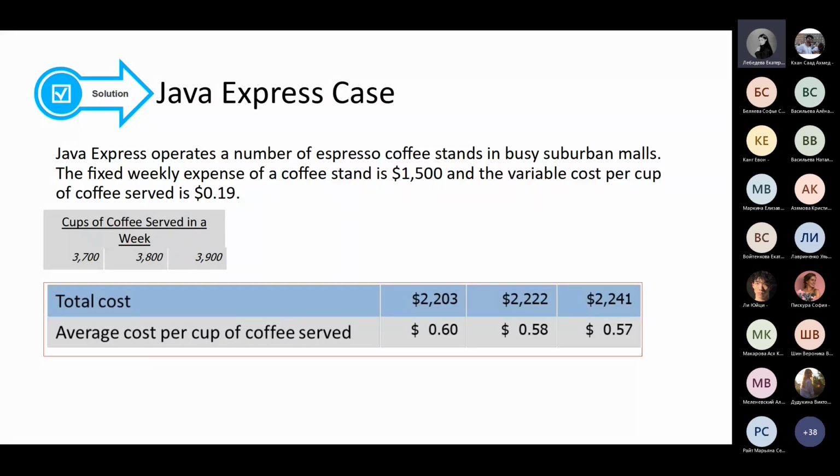Of course, it should be balanced with the demand to the product, and it should be balanced with the relevant range, because you know that after specific volume of activities, our fixed expenses become not so fixed as we expect, but they move to another, higher level, and we have to recalculate all our values in order to understand the real numbers.